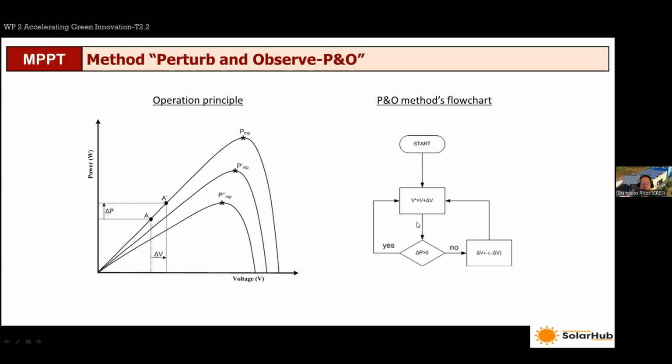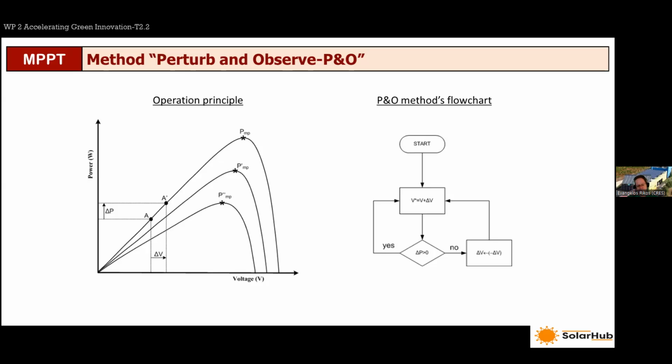It's very simple. You just implement intentional changes in the voltage. You measure the change in the power, and depending on the sign, either you keep the same change in the voltage, or you reverse it. You make it negative to go back in the other direction, in order to find the maximum point.